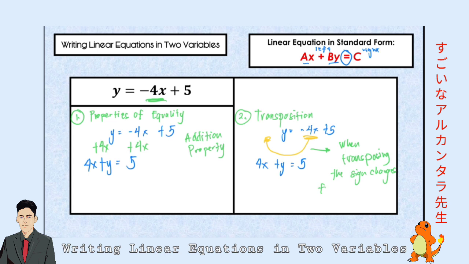There are two things here that we could have: from positive to negative, or from negative to positive. Once you move it, there's going to be a change, whether from positive to negative or from negative to positive.